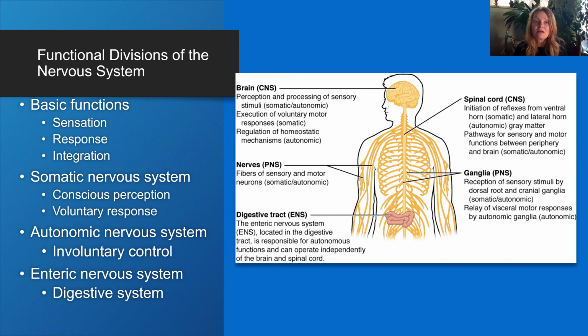So that will be done automatically, and not only automatically without your control, it can be done even without your brain and spinal cord control. So your central nervous system doesn't need to control it, right? So again, we can divide the nervous system into somatic and autonomic, and part of the autonomic is enteric.